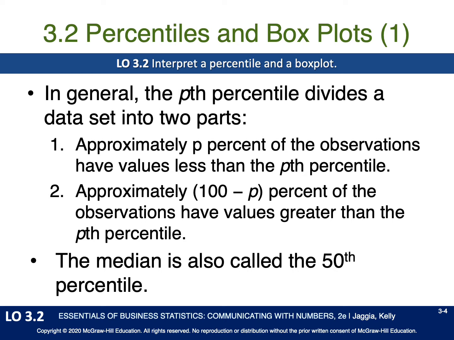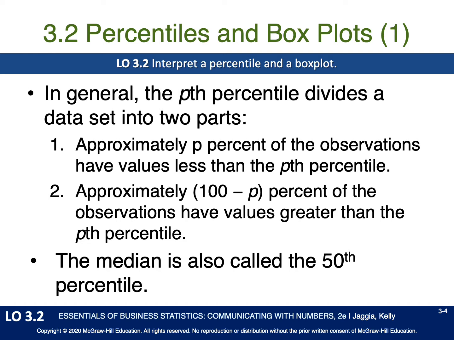If you scored in the 87th percentile, that would mean you did better than 87% of the population. So there would be 13% of the population that scored better than you, and you scored better than 87% of the population.